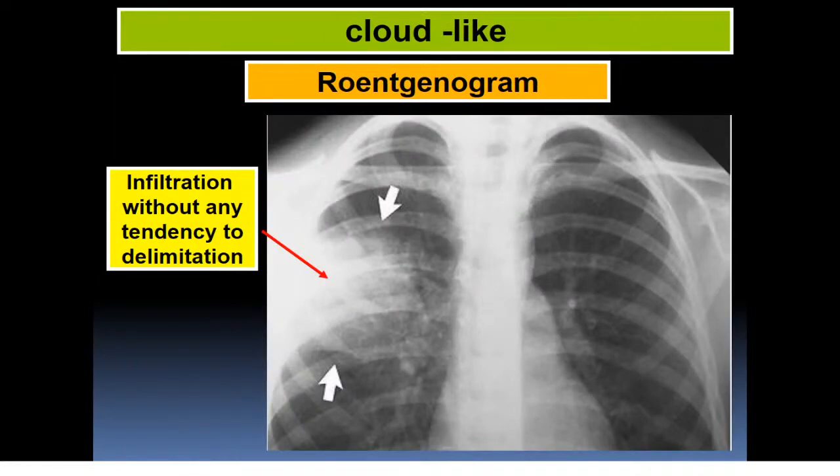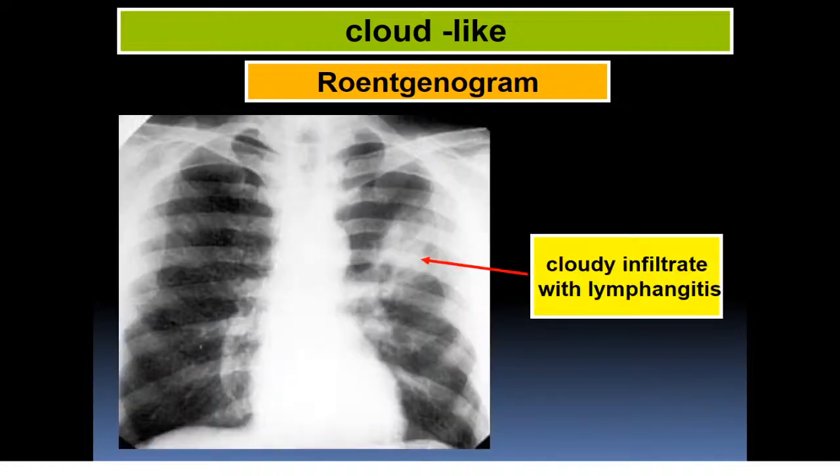On this rentgenogram, we can see an infiltrative shadow, more than 5 centimeters in diameter, without clear borders and without any tendency to delimitation. Here we can see a cloud infiltrate also with lymphangitis to the root of the lung.